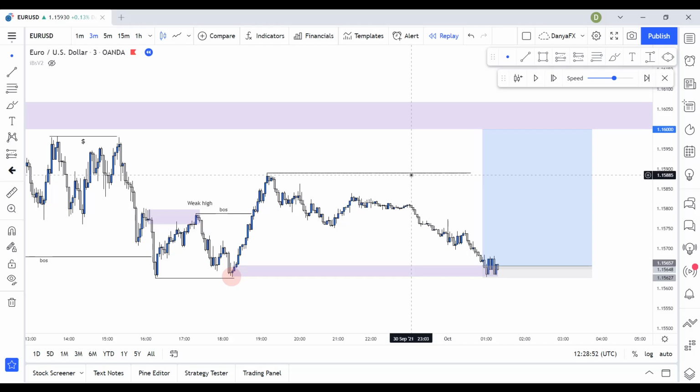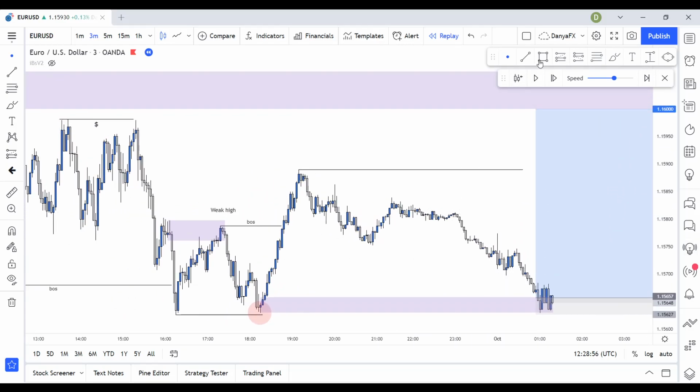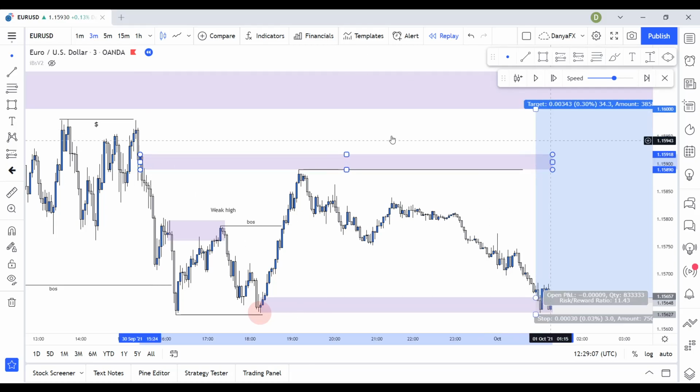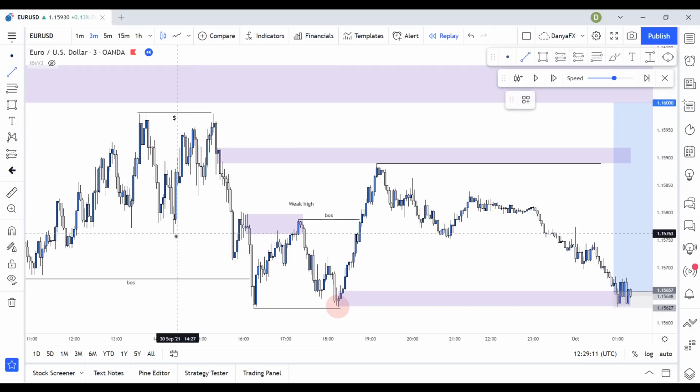But if you look to the left, we actually have an order block. We have this order block that is valid because it broke impulsively at this point of structure.